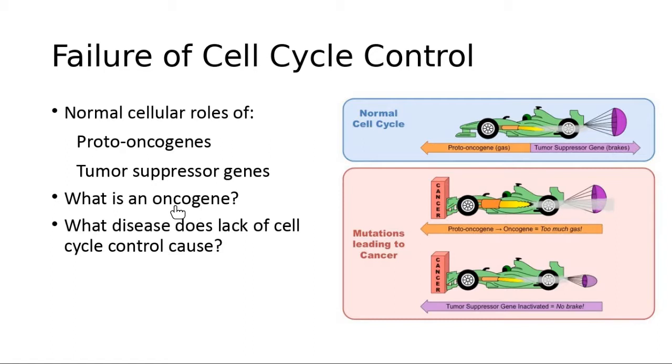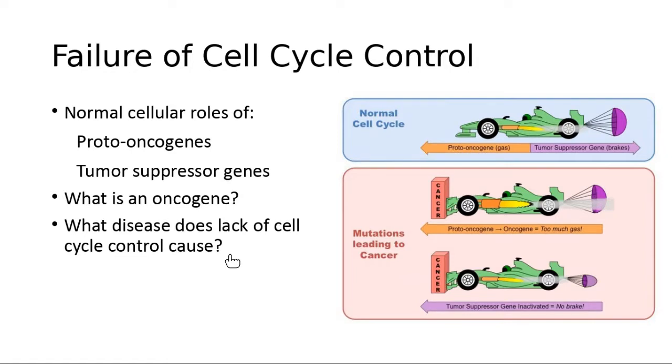So the oncogene basically is a broken proto-oncogene, and it's a cancer-causing gene because it just allows for proliferation of the cell uncontrollably. So it doesn't have that same regulation.